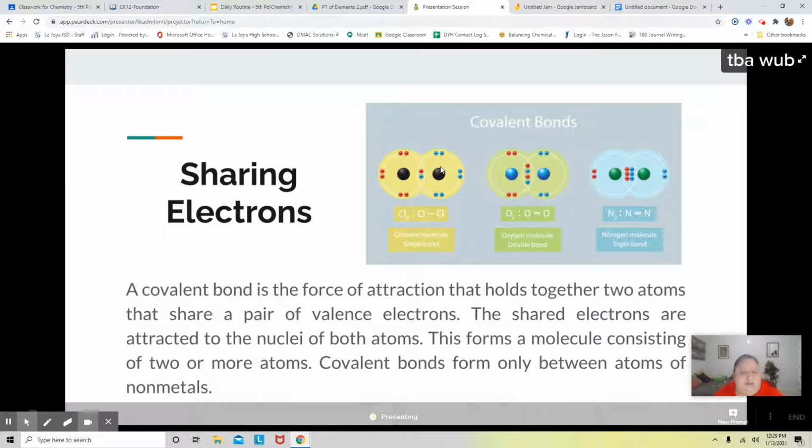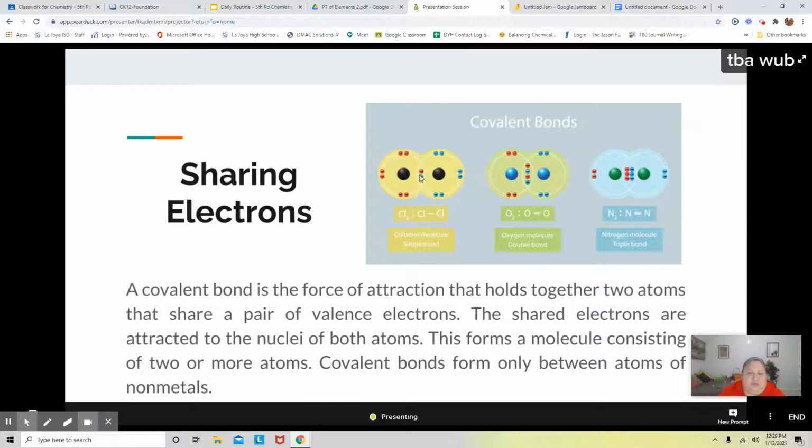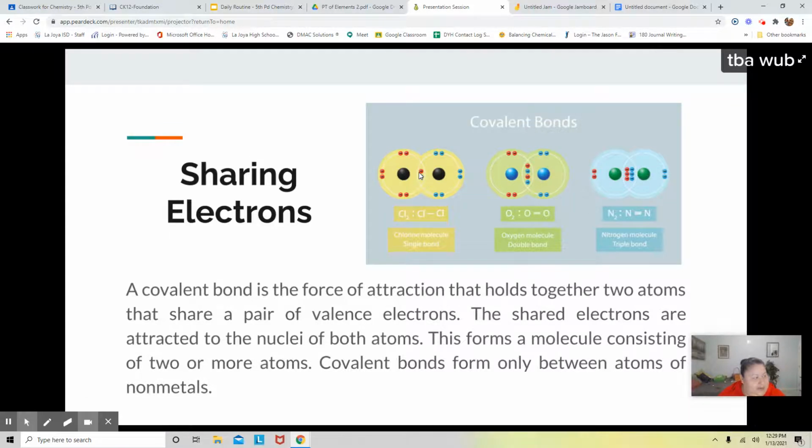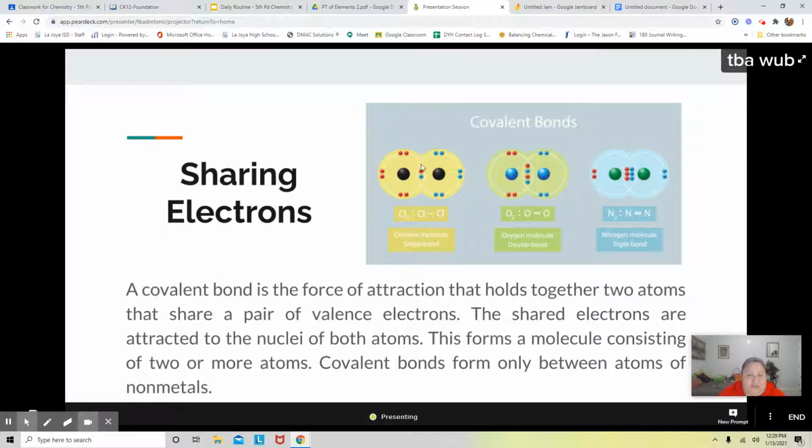Alexia, Mario, how many electrons do you count? How many red and blues do you see here in the middle? Oscar, Efrain, anybody out there? How many electrons are being shared in this example?